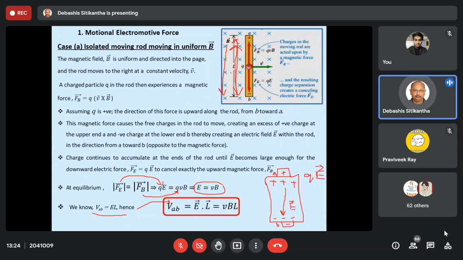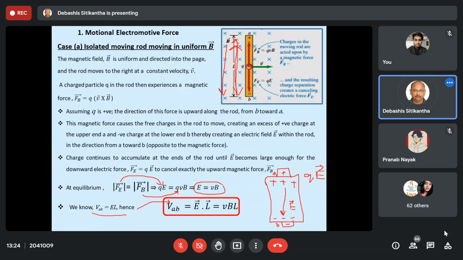But since I have chosen it in the bottom-wise direction, therefore it is going to be EL. So whatever be the case, ultimately we come to the conclusion that your VAB, the potential difference that will be generated by a motional EMF source, is equal to V times BL.